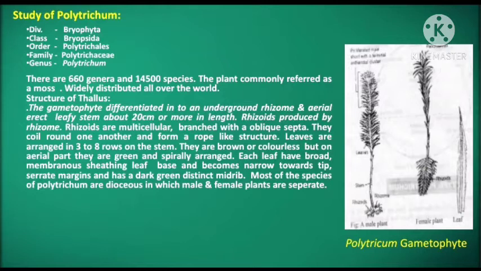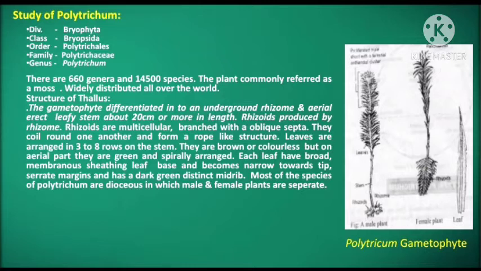The structure of the gametophyte is differentiated into an underground horizontal branched rhizome and an aerial erect, branched or unbranched leafy central axis or stem that is about 20 centimeters or more in length.